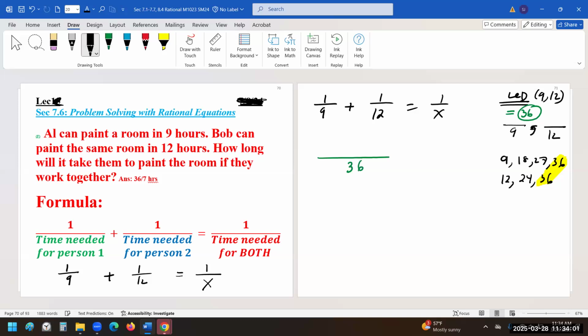So we want 36 under both denominators. How can you make 9 into 36? By 4. So multiply top and bottom by 4. What do you multiply 12 by to get 36? 3.